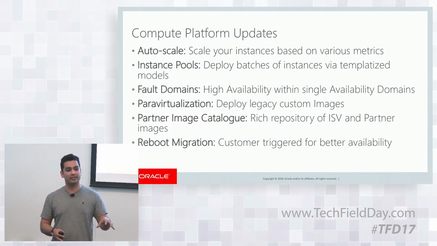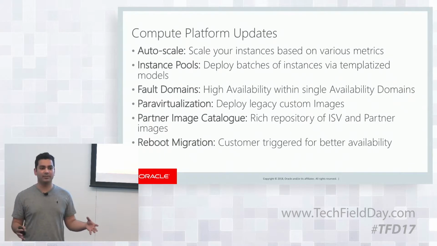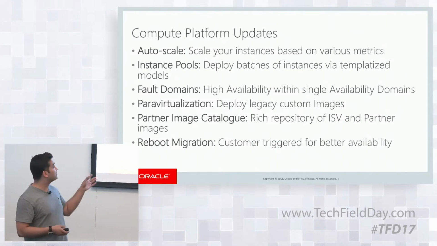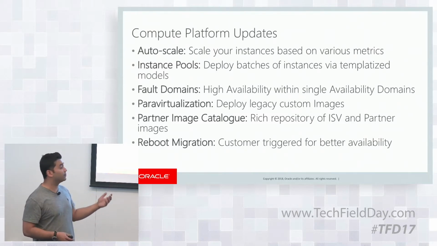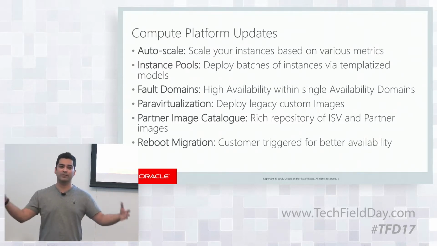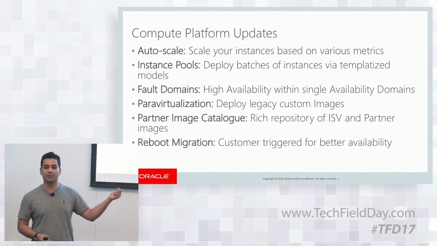These are independent, high availability sections within a data center. You're going to be able to spread instances amongst these fault domains. Again, doesn't matter bare metal or virtual machines, we're going to be able to place you there. And fault domains will flow through other capabilities as well. For example, if you wanted to deploy a set of instances across fault domains, you could do that through instance pools.